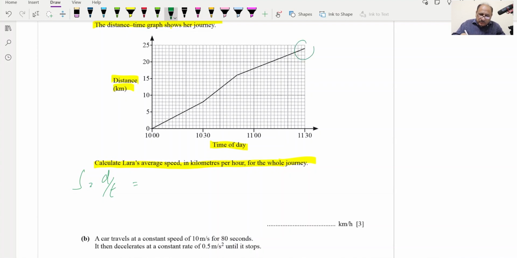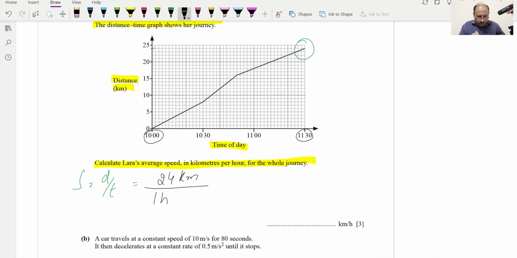If we check this location, this is 24. So 24 kilometers will be the distance. We can write 24 kilometers, divided by the time taken, which is from 10 to 11:30. So it's 1 hour and 30 minutes.